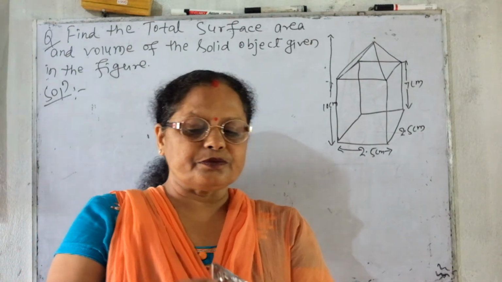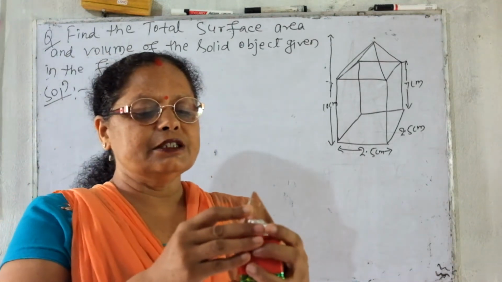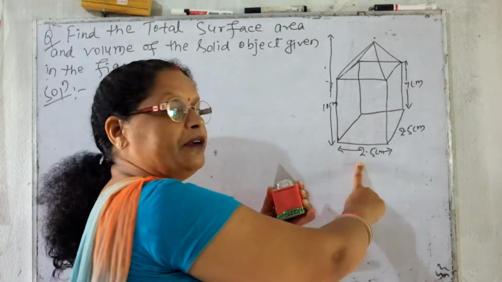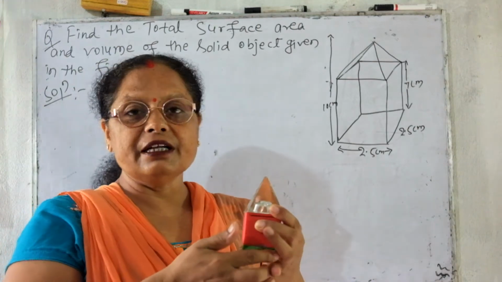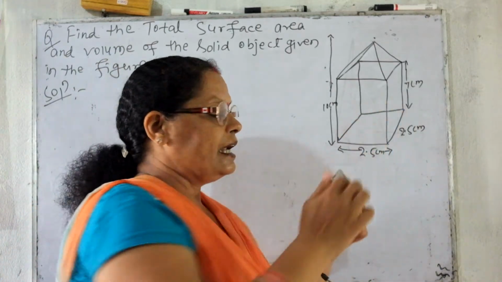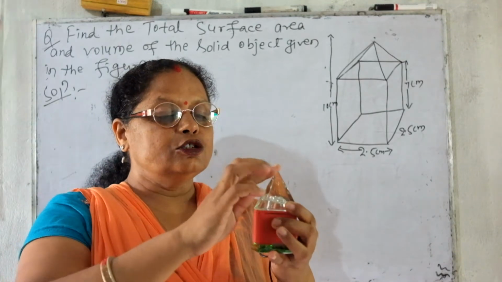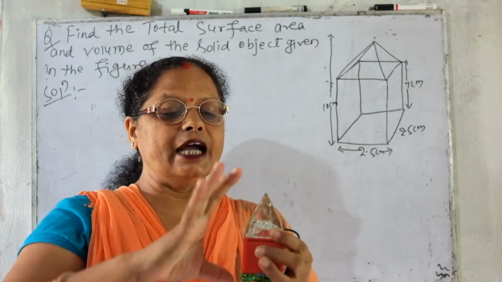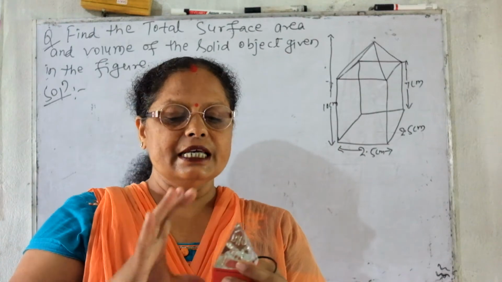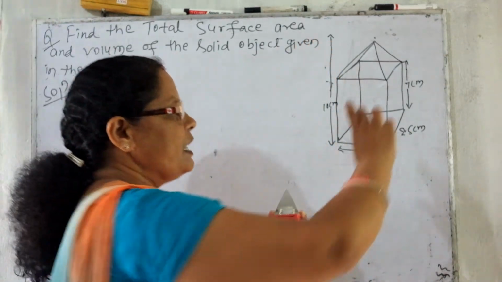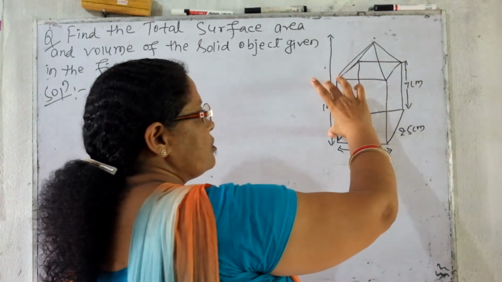Here the length is given as 2.5, the breadth is 2.5, and the height is 7 centimeter, and the total height of the solid is 10 centimeter. So this is 7, this is also 7.